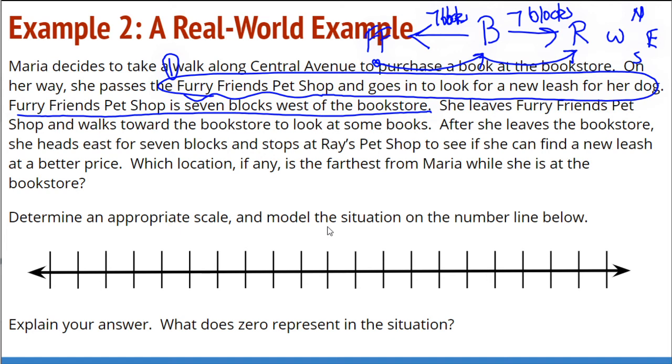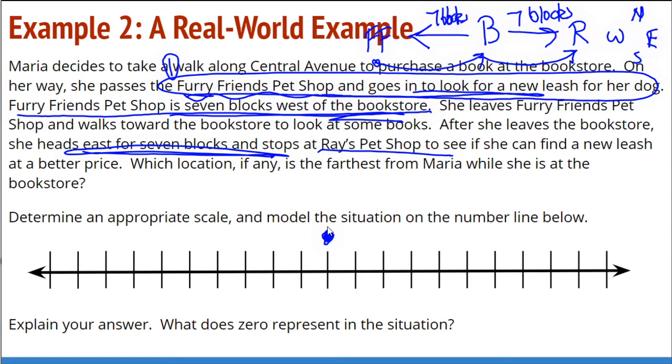So which location, if any, is the farthest from Maria while she is at the bookstore? Well, it looks to me like everything is being counted from the bookstore. We're counting Furry Friends is 7 blocks west, and we've got Ray's, which is 7 blocks east. So the bookstore is kind of our central point here. Oh, what does 0 represent?